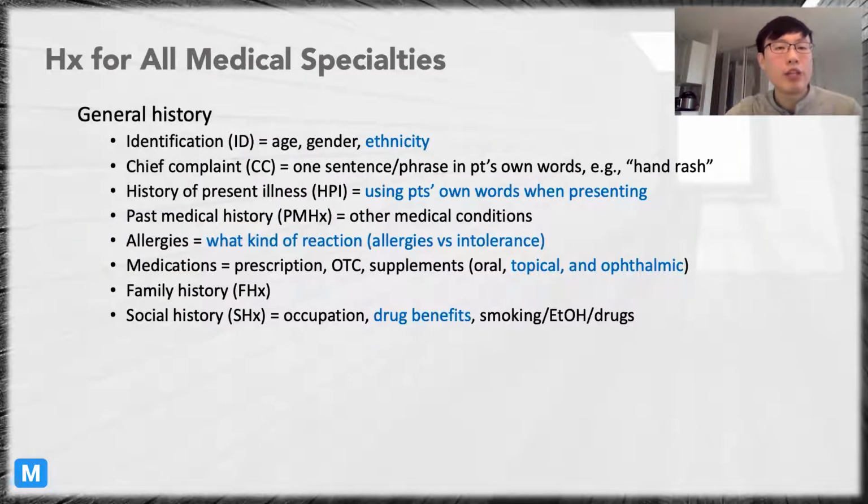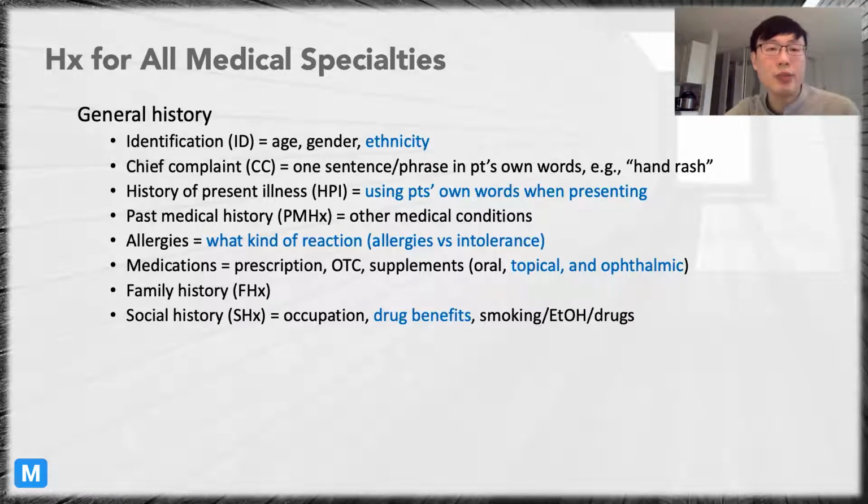So in terms of the history for all medical specialties, this is what we go by: identification, chief complaint, and so on. However, for dermatology, there are a few high-yield important points you need to consider when taking those histories. The first one is in identification, it is crucial to consider the ethnicity of the patient, because that can change how the rash appears in patients with different skin of color.